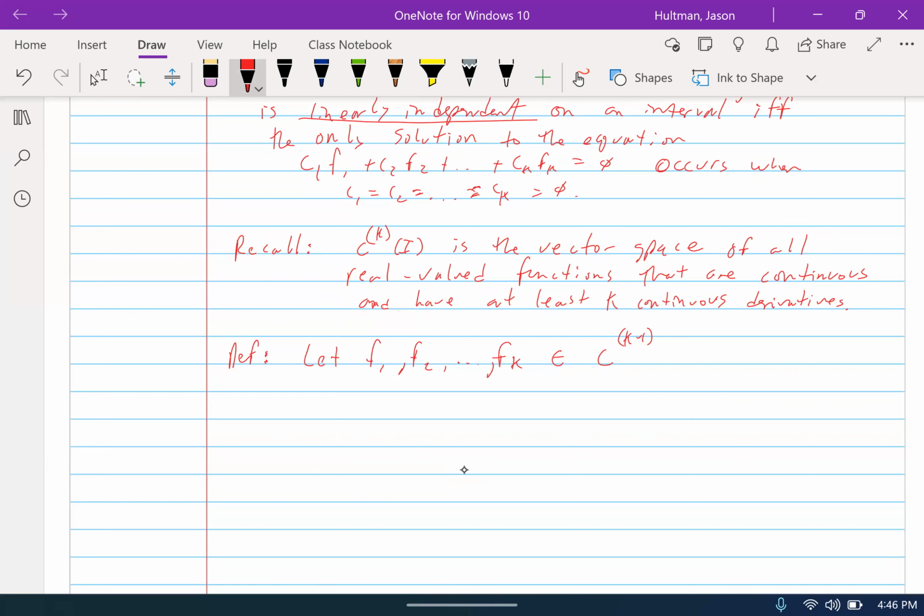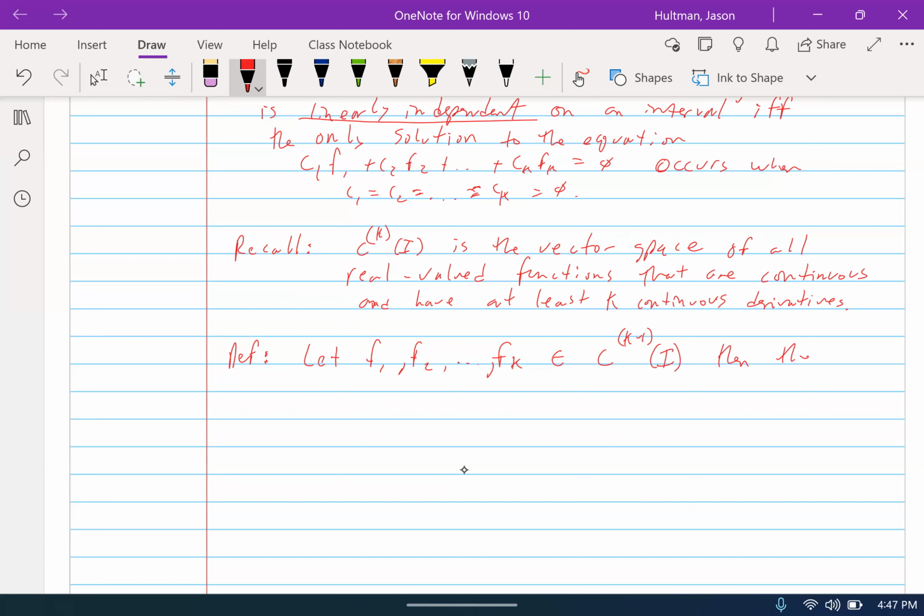The first guy is the function. We take k minus 1 derivatives of a function, of just an xy function or xyz function. We start with the function, which basically is the 0th derivative, and then we can take k minus 1 derivatives from there. So let F1, F2, Fk be elements of C to the k minus 1 over a certain interval I.